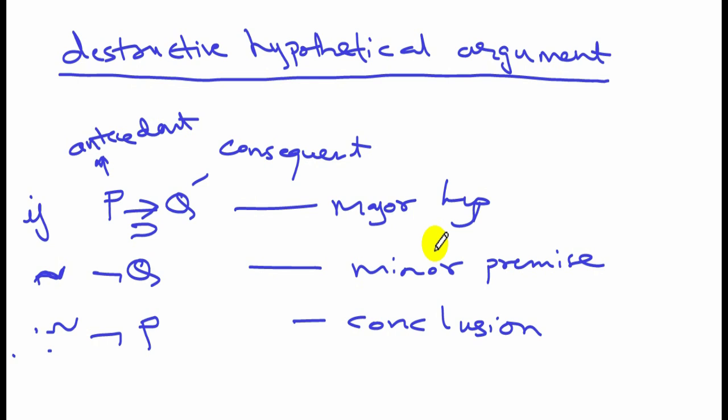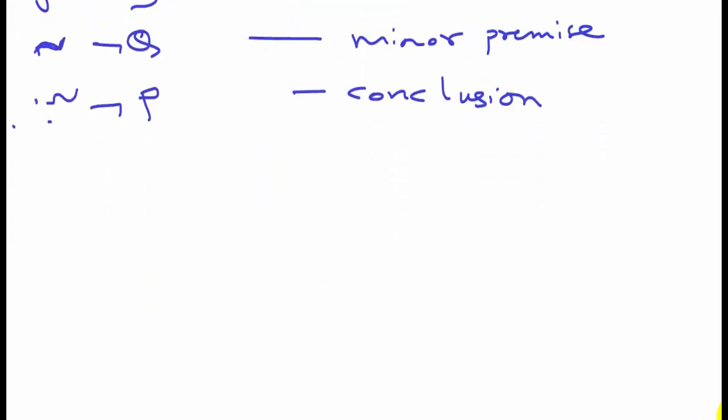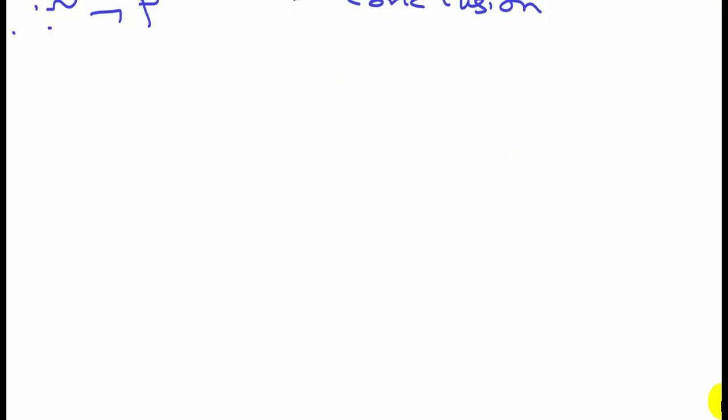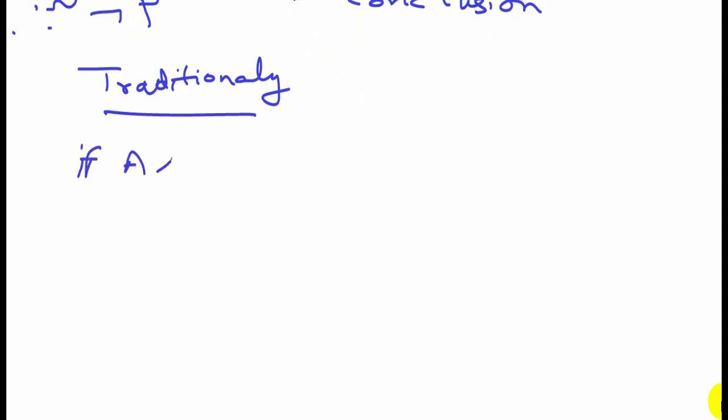Traditionally, the same thing will be written as: if A is B, C is D. Of course, we know this is a major.